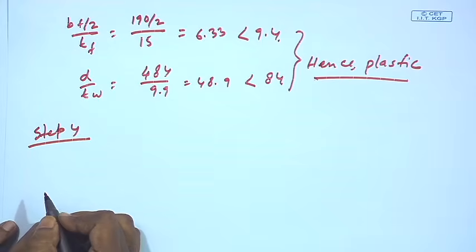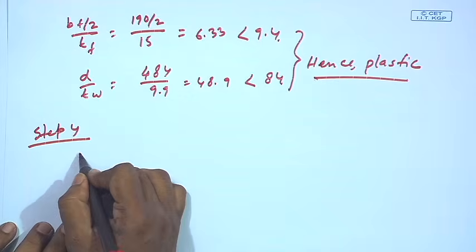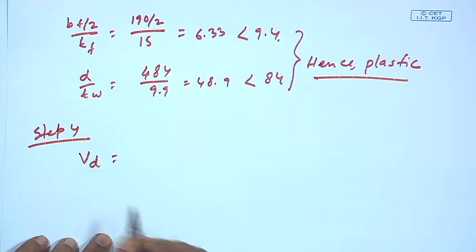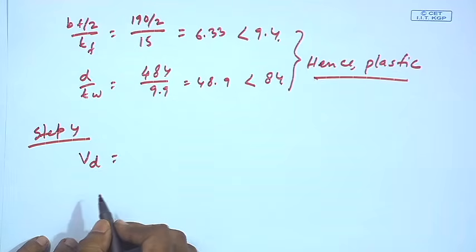that what is the shear capacity Vd, because before calculating the bending moment, bending strength of the section, we need to know whether it is high shear or low shear.